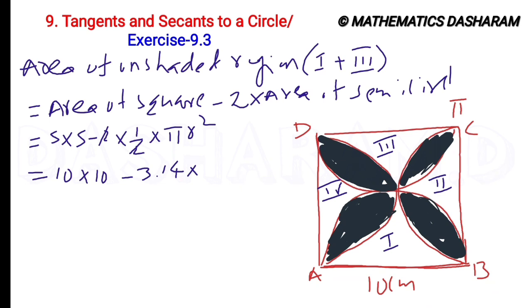See here, each semicircle is drawn with the help of a side of the square. So that means the diameter of a semicircle is 10, then radius will become 10 by 2, which equals 5 centimeter. So substitute this value here. 10 into 10 is 100 minus 3.14 into 5 square is 25.